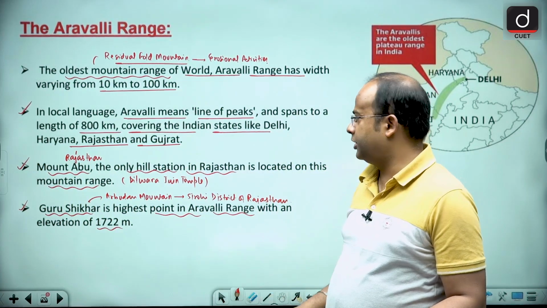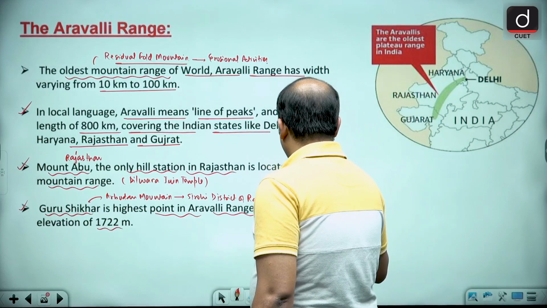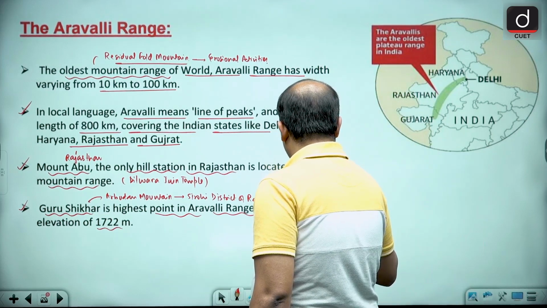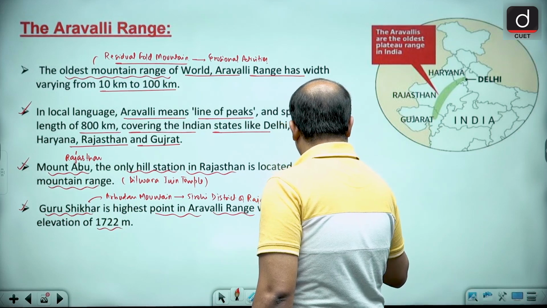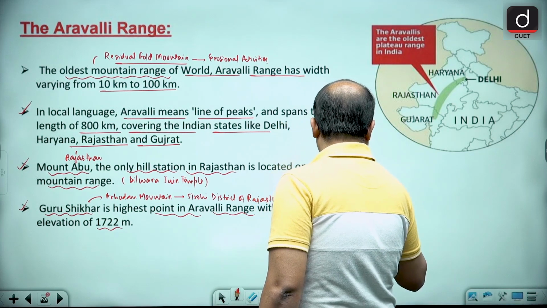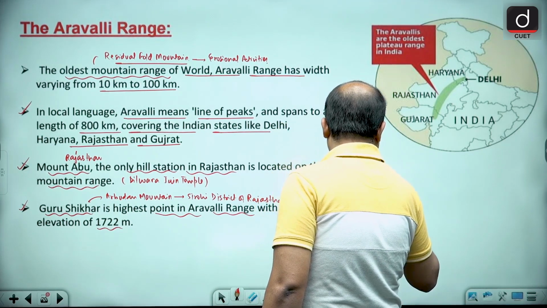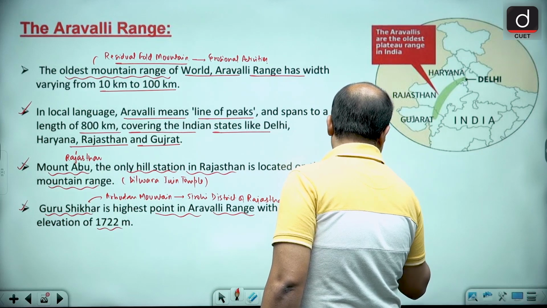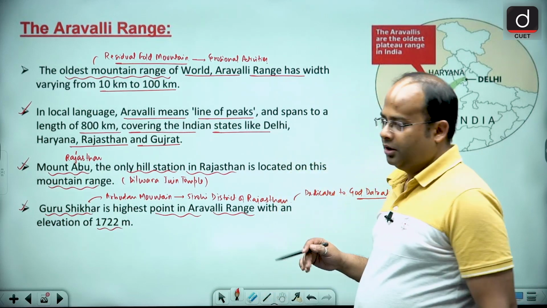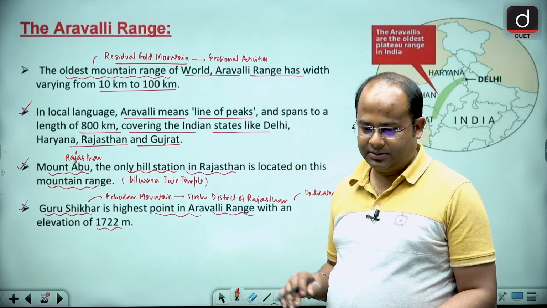So this is Guru Shikhar, and it is dedicated to God Dattatreya, where he did his penance.